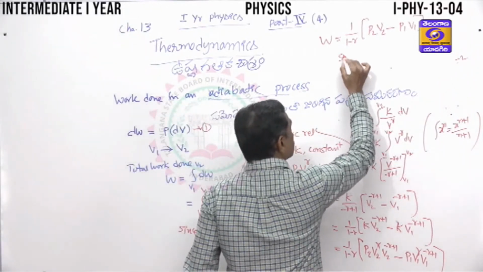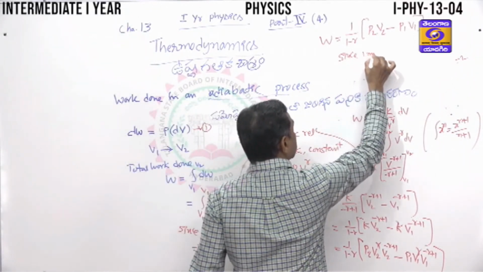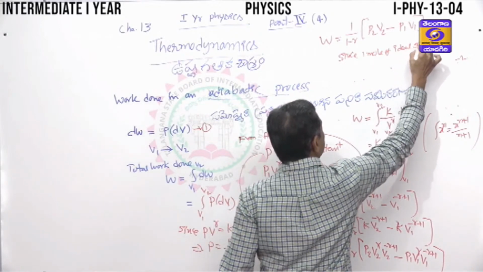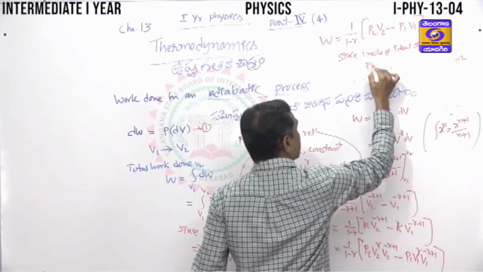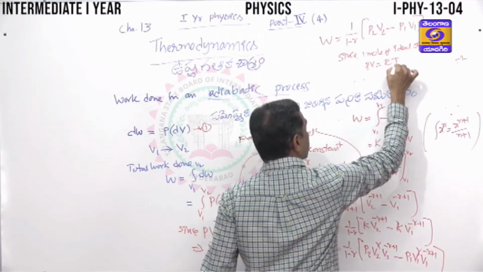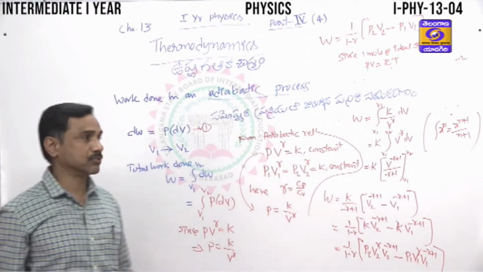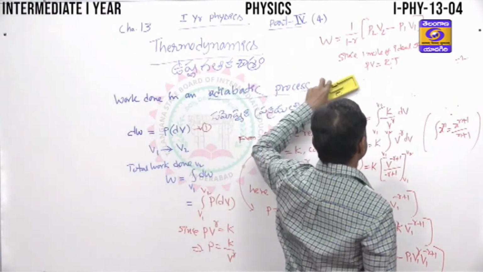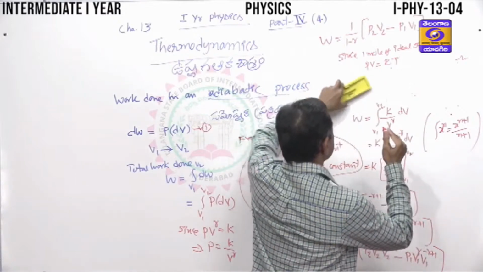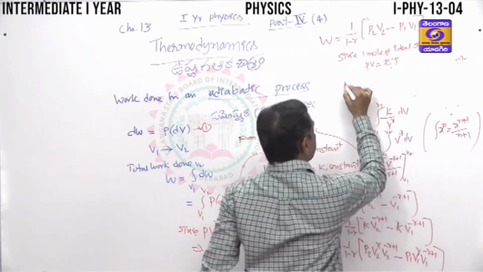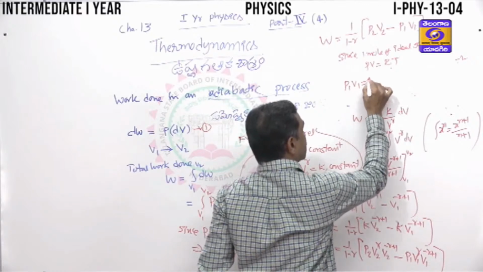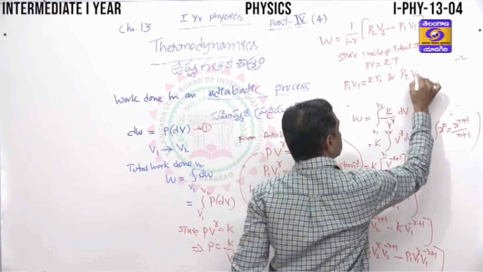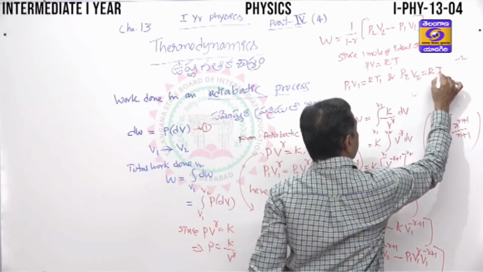Now, since we know for 1 mole of an ideal gas, we are already familiar that PV is equal to RT, where R is the universal gas constant. So using this expression, for a temperature T1, P1 V1 is equal to RT1, and P2 V2 is equal to RT2.